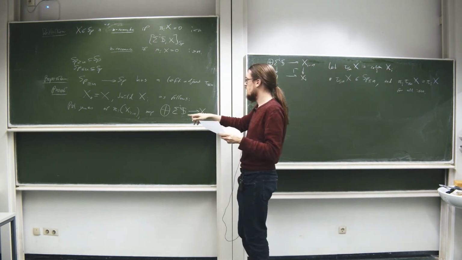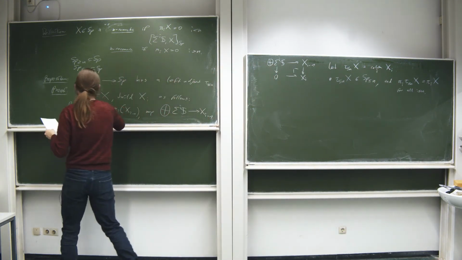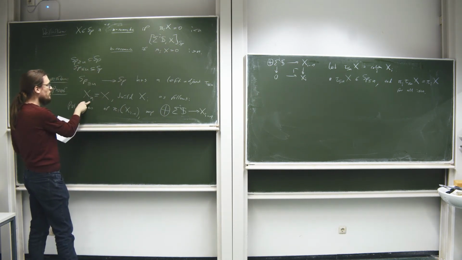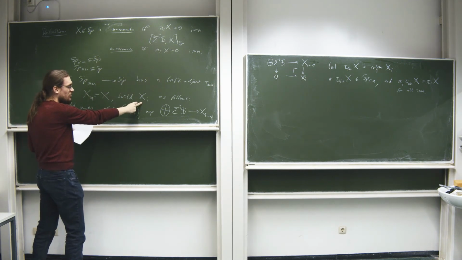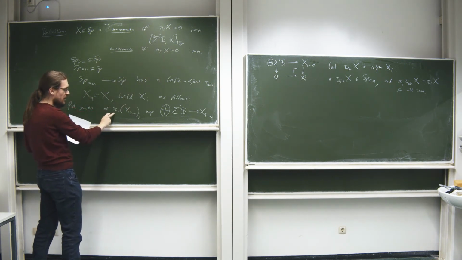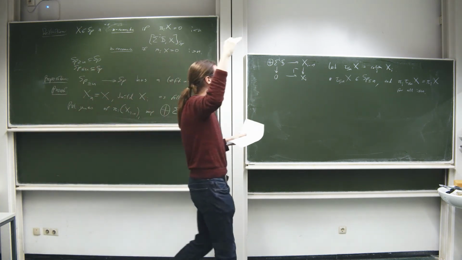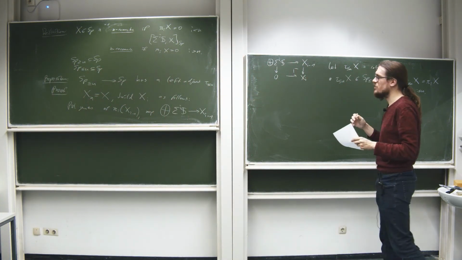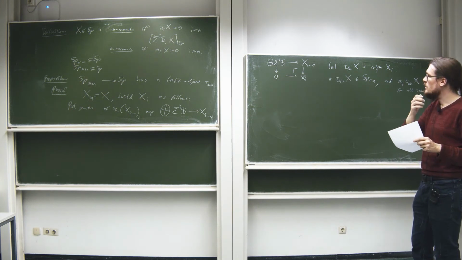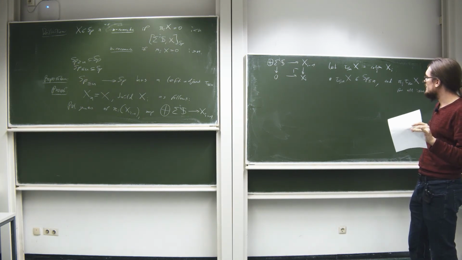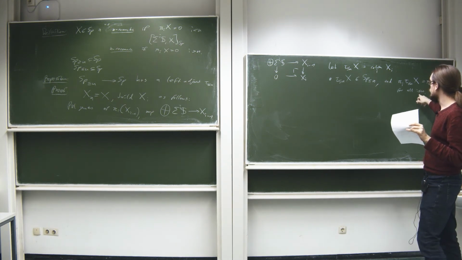Oh, sorry, I mixed up the indices. I want to start with X_n, and then the next one I'm going to build is X_{n+1}, where I kill pi_{n+1}. So I start in degree n, and I kill the higher degree homotopy groups. And why does that not mess up the lower degree homotopy groups?